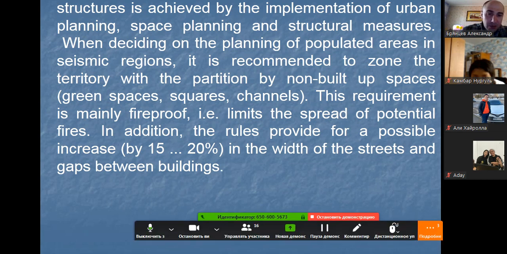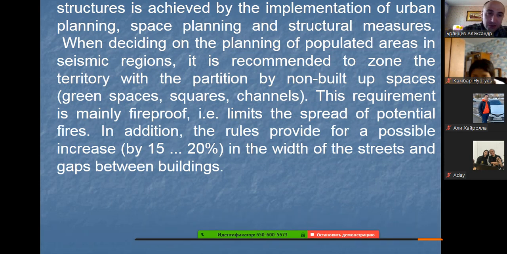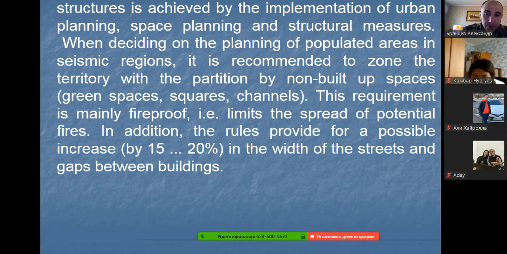So the distance between the buildings should be sufficient to protect each building from collapse, because if they are located near each other, they can destroy each other during the movement, and they will transmit so much huge load to the soils, which in combination with the earthquake can increase the number of points, the degrees of earthquake.